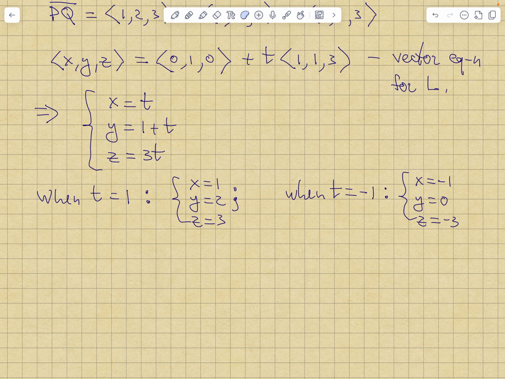Okay, so then I can ask a question. At what time would the particle pass through Q?